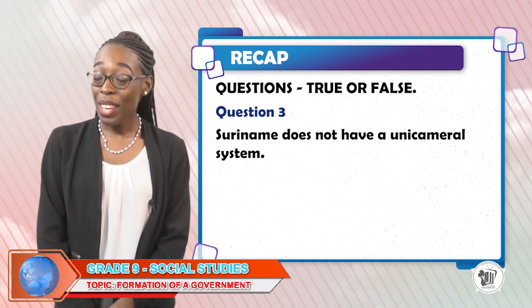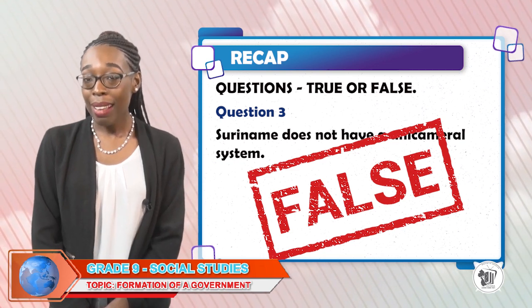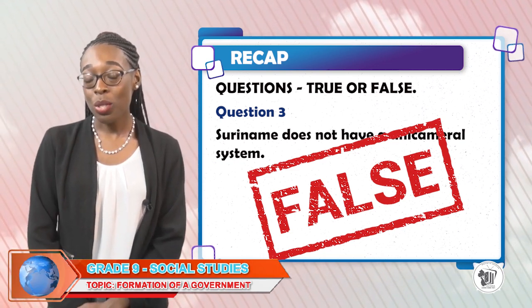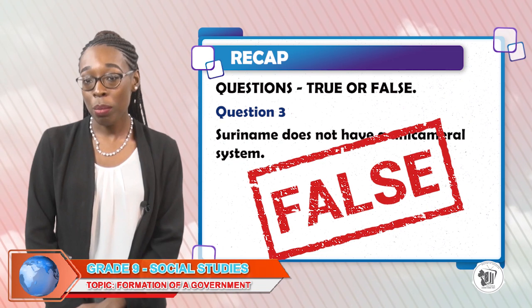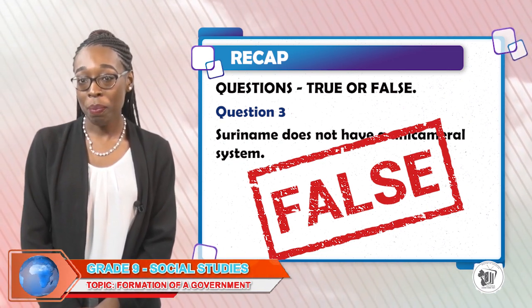Right, if you said false, you are correct. That statement is indeed false. Guyana and Suriname are two examples of CARICOM member states which use the unicameral system.